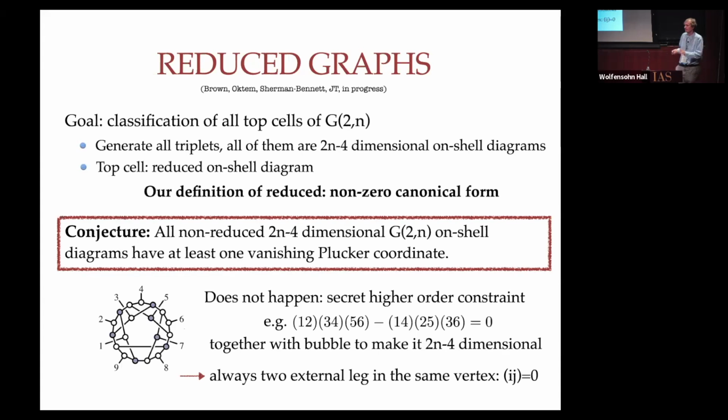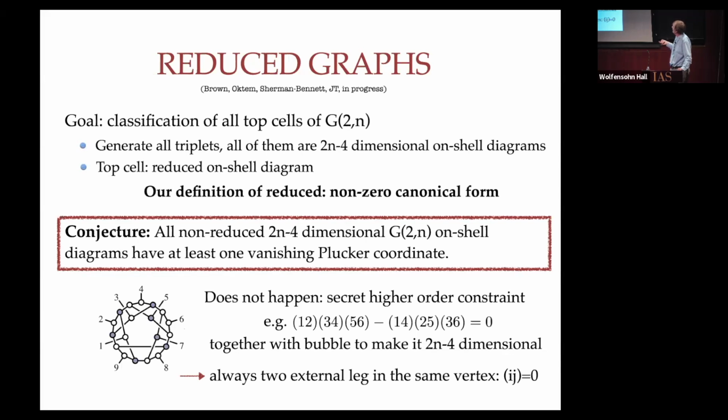These types of things will happen, but for G2n it doesn't happen. So whenever the diagram has zero canonical form, it corresponds to the fact that there is a vanishing Plücker coordinate. So all of the diagrams which have non-zero canonical form are top cells from this point of view of reduced diagrams.